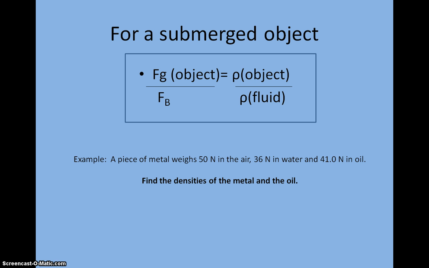So if we derive out this equation, we end up seeing that the ratio of the density of the object to the density of the fluid is equivalent to the actual weight of the object over the buoyancy, or the buoyant force, that the object is experiencing. And remember that we can use apparent weight to figure this out.